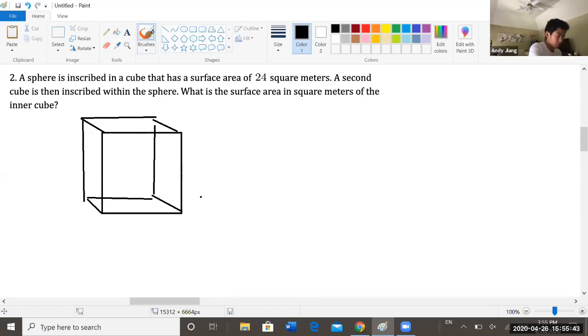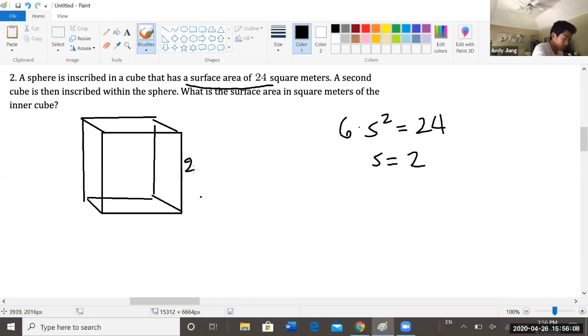Now, first, I'll use the fact that the surface area is 24 to find the side length of the big cube. I'm talking about the outer cube. So the surface area formula is 6 times s squared, because 6 sides, and each face has an area of s squared, and that's 24. So my s value is 2. Each side is 2.